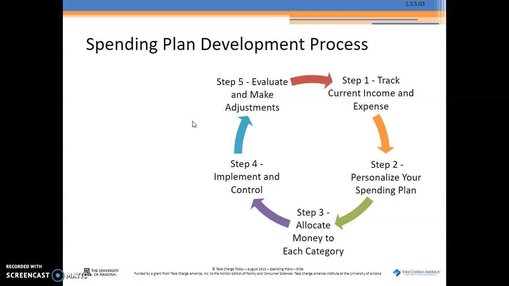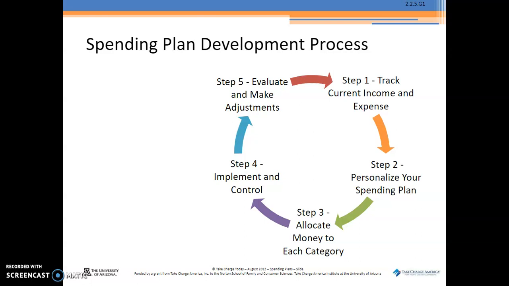When it comes to developing a spending plan, let's take a look at 5 steps that can help you in that process. Step number 1, track current income and expenses. Step number 2, personalize your spending plan to yourself and your spending habits. Number 3, allocate money to each category so that you are not leaving any of them out.